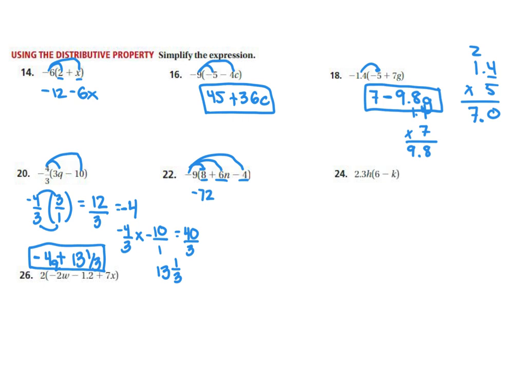Negative 9 times 6n is negative 54n. And negative 9 times negative 4 is positive 36. So now we'll combine like terms of negative 72 and 36. And we get negative 36 minus 54n.